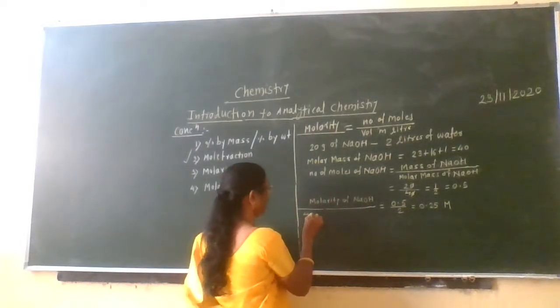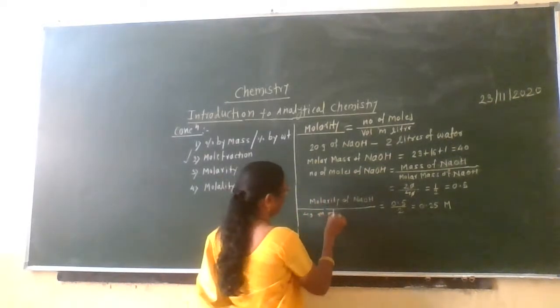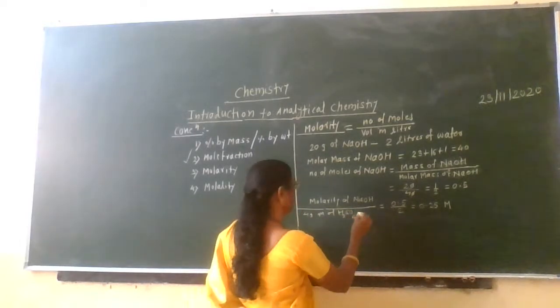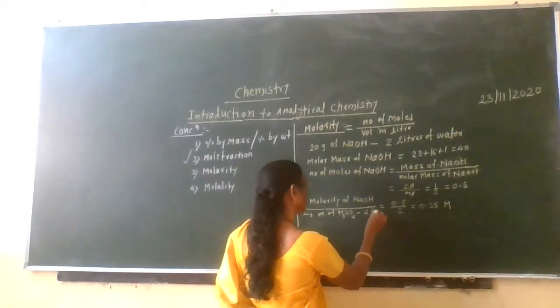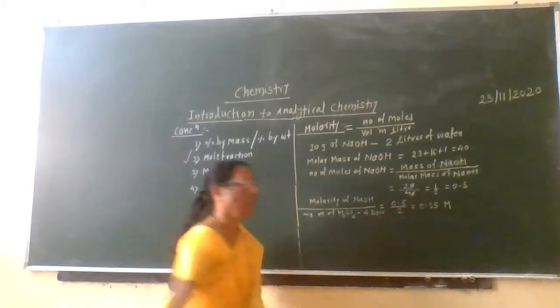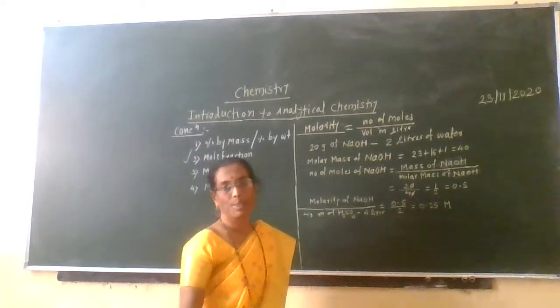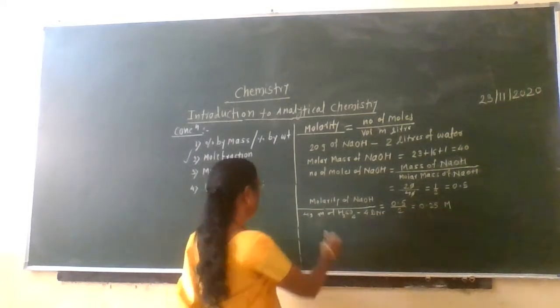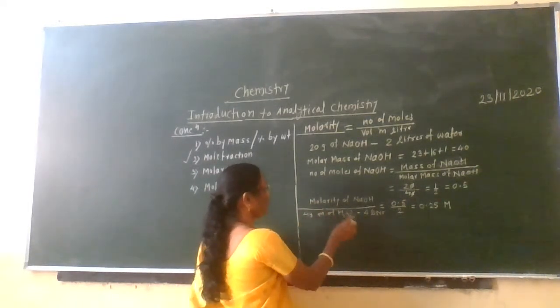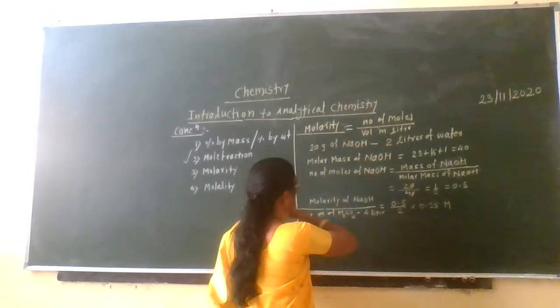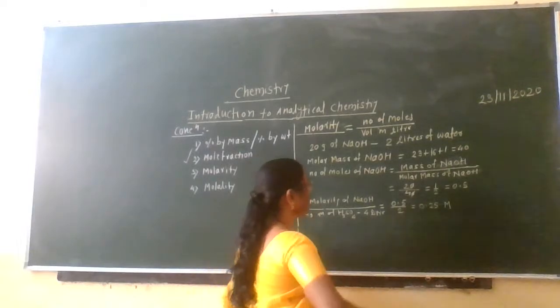Suppose 49 gram of H2SO4 is dissolved into 4 liter of solution, and you have to calculate the molarity of the sulfuric acid in the given volume. First of all, we have to calculate the molar mass of sulfuric acid.